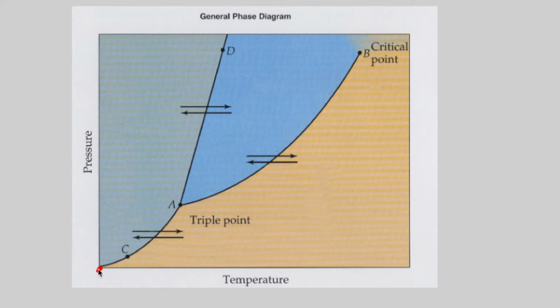So, no pun intended, when you freeze up on the test, see what I did right there? When you freeze up on the test, guys, think about temperature. What phase is a substance in at low temperatures? Solid, liquid, or gas? Solid. So why don't you label this solid?